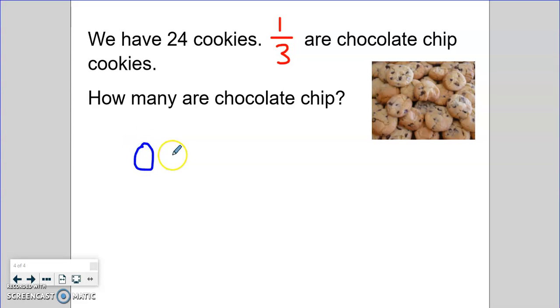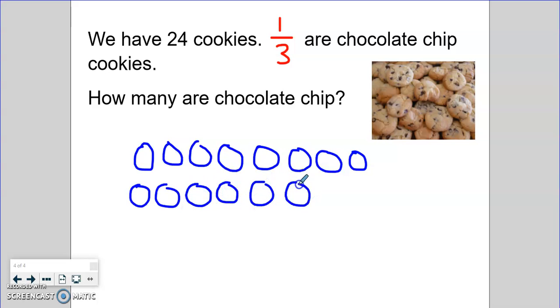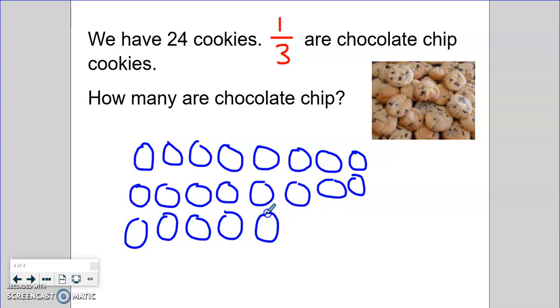Okay, 1, 2, 3, 4, 5, 6, 7, 8, 9, 10, 11, 12, 13, 14, 15, 16, 17, 18, 19, 20, 21, 22, 23, 24.